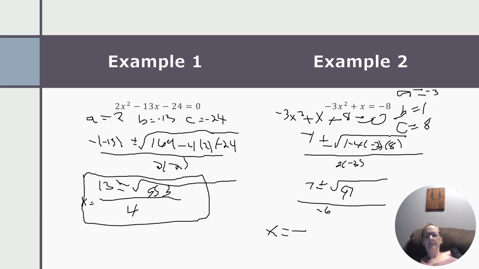So it just changes the plus or minus to a minus or plus. It doesn't really matter for our purposes, but you never leave a negative in the denominator. It's just not proper. So I have negative 7 over plus or minus the square root of 97 over positive 6. That's my final answer.